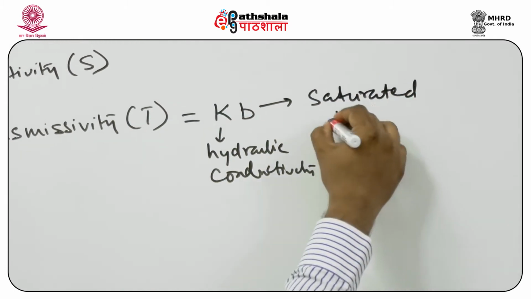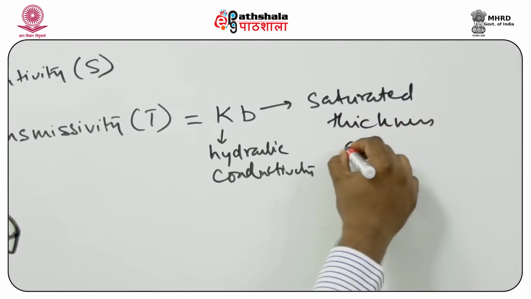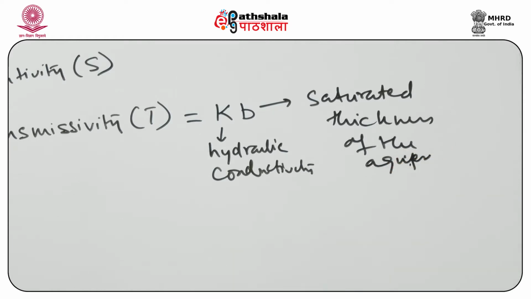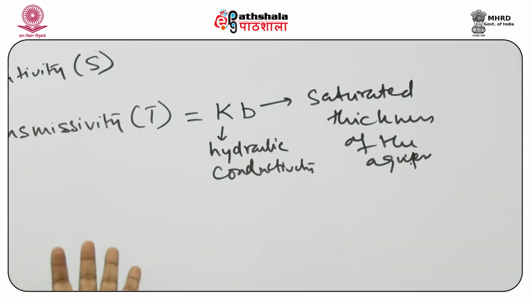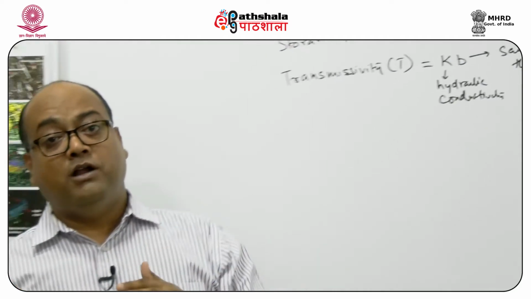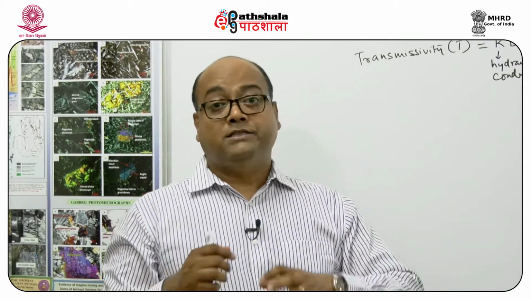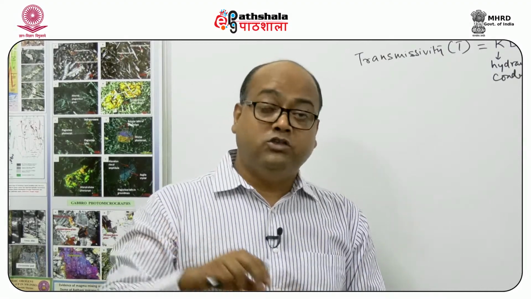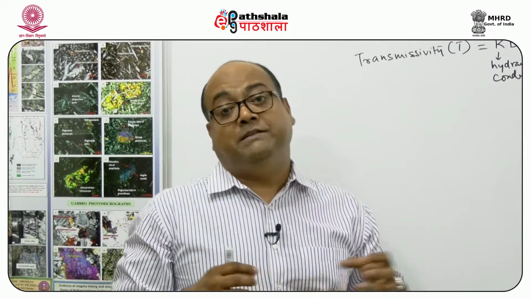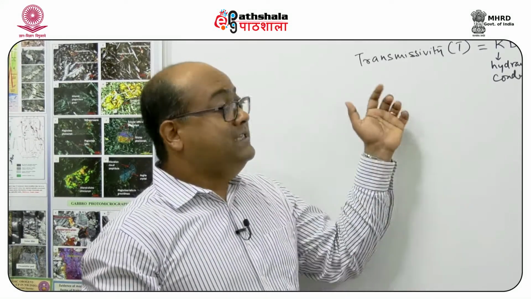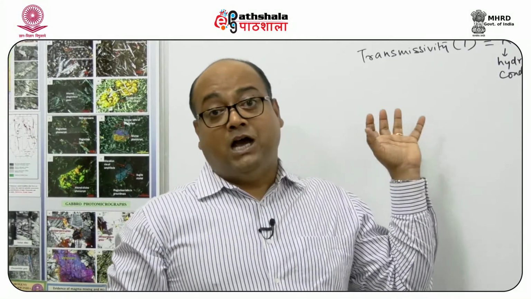Hydraulic conductivity describes the ease with which water flows from one part to the other. Remember, we are dealing with a saturated porous matrix in which water is stored within the pores, and the flow is also along the pores, so it depends on the interconnectivity of the pores and other parameters.